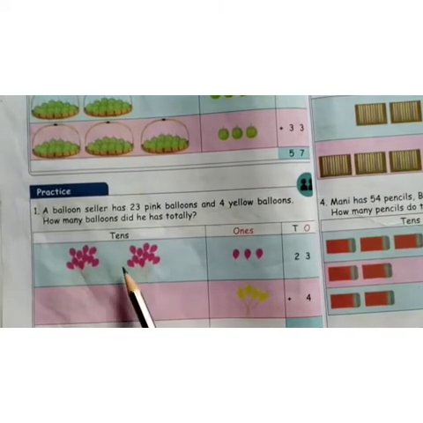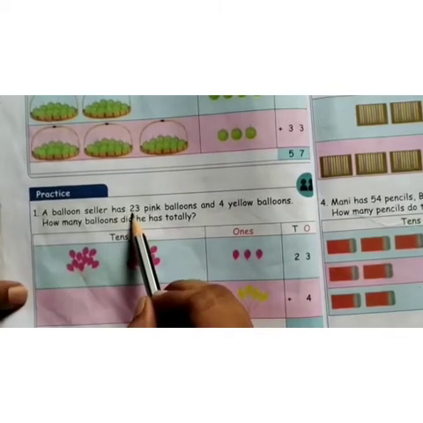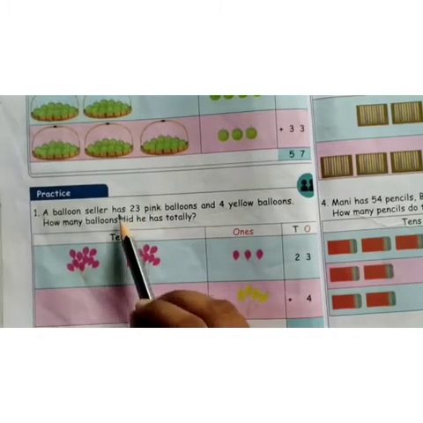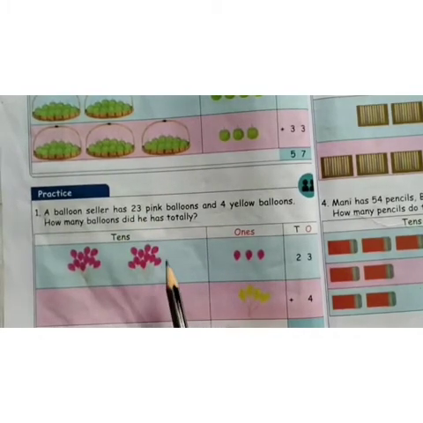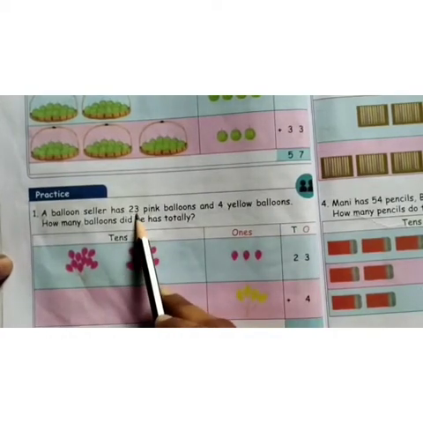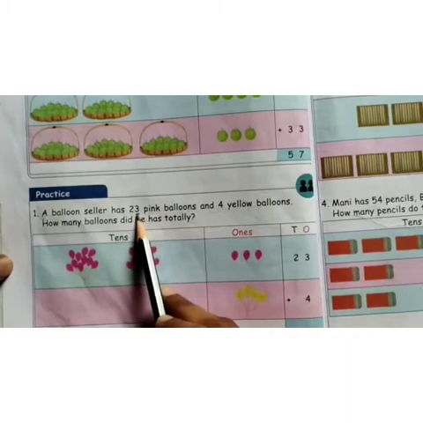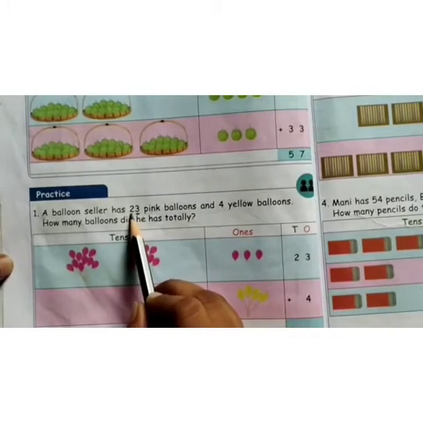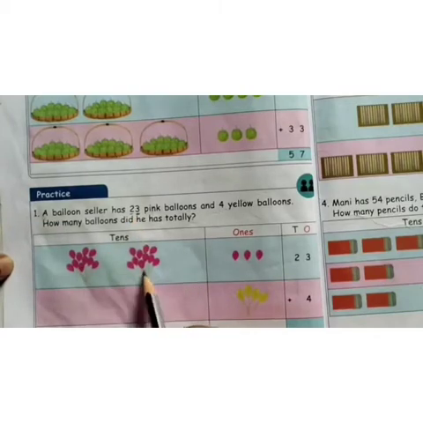Okay, so pink balloons are 23. So we have to write in tens and ones. We have to find how many tens and how many ones there are and write here. In ones place we have number 3. So that means 3 ones. In tens place we have number 2. That means 2 tens.